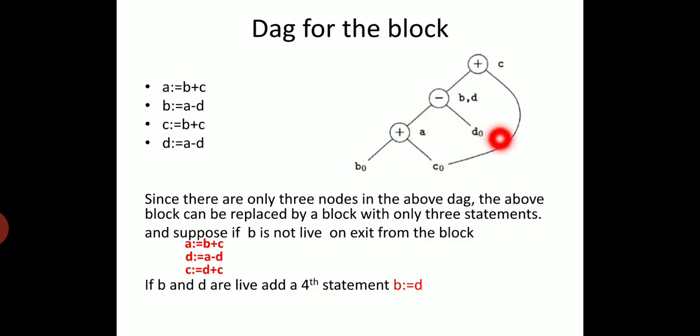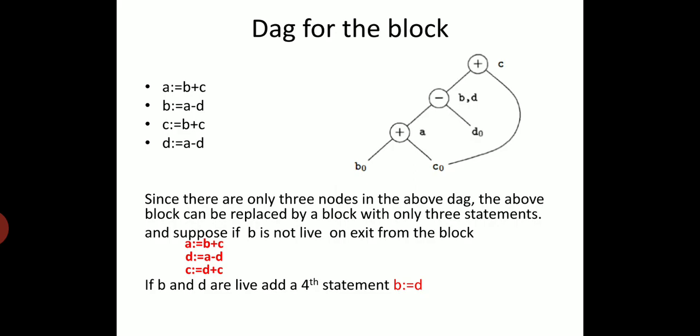So the minus node itself already exists, and it can be commonly named b and d. b equal to a minus d and d equal to a minus d form a common subexpression, so it can be named b comma d. After constructing the DAG in this way, we can say that there are only 3 nodes, which means only 3 statements are required.